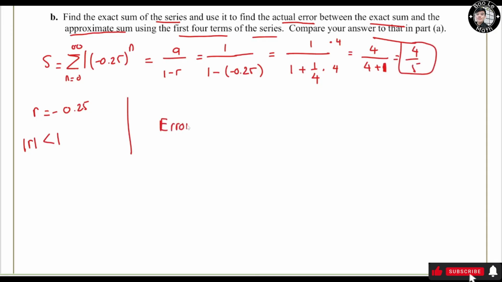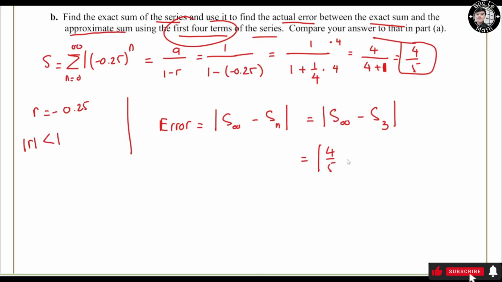Error is the absolute value of the series subtracted by the partial sum, right? Which is the sum of the series subtract s sub 3, right? For the first 4 terms we need to use s3, right? So it's gonna be 4 over 5 subtract s3, which means the sum of negative 0.25 raised to the n when n goes from 0 to 3, right?